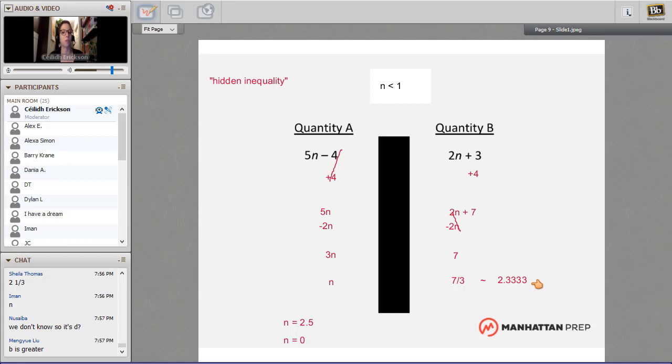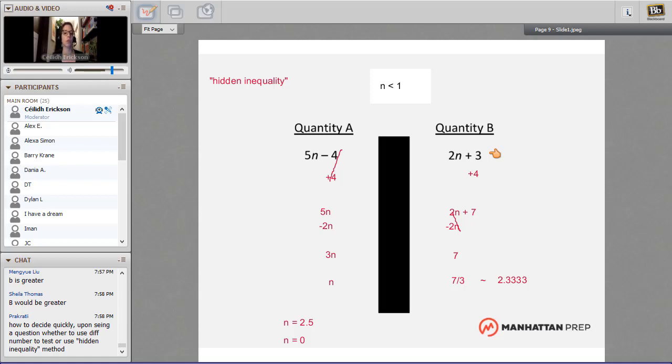So in that case, the answer would be B. So it matters what that original constraint is. But this idea of the hidden inequality, we can simplify, maintaining the same relationship as before, and then compare. So anytime you see algebraic expressions in quantity A and quantity B that have the same variable and look like they could be simplified, try this hidden inequality strategy.